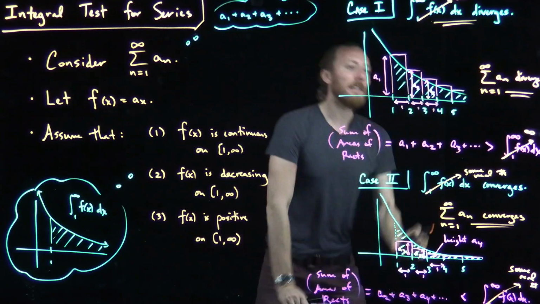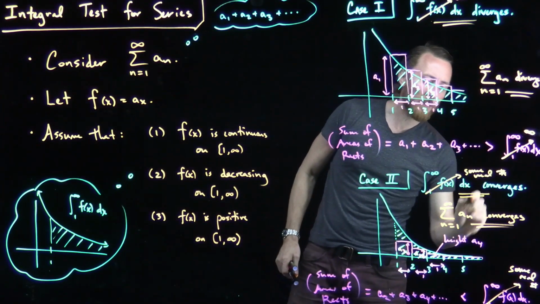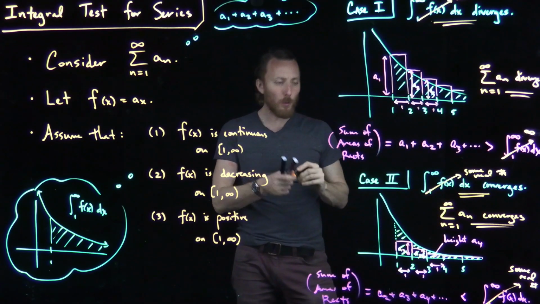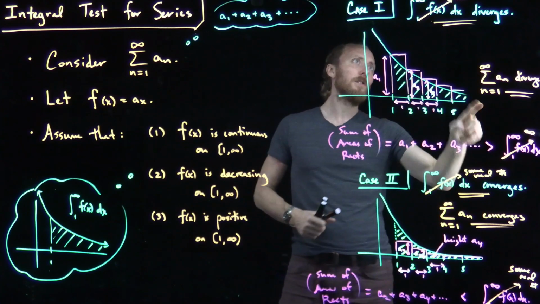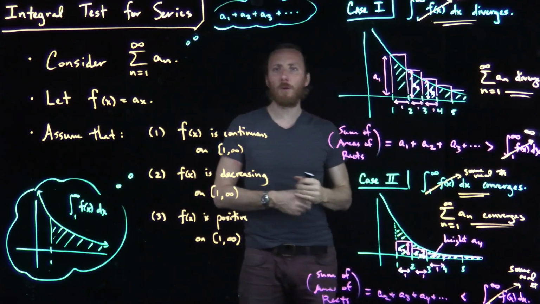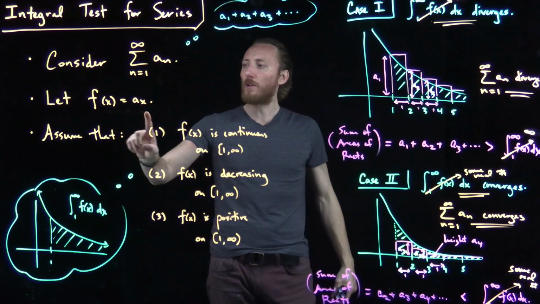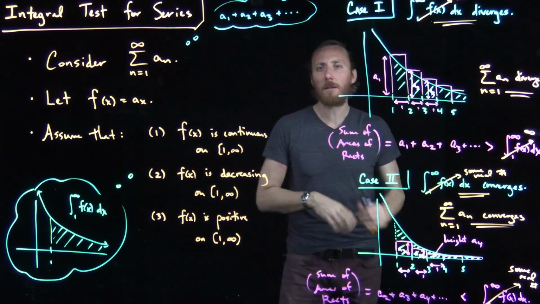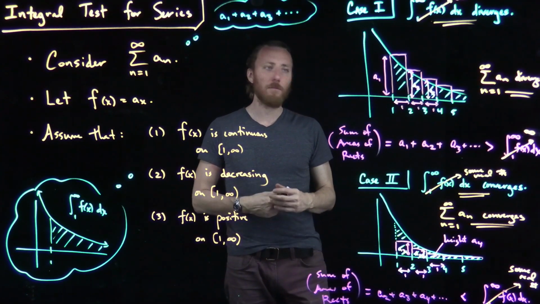And so looking at these two results, we get convergence of our series when the improper integral associated with our series converges. We get a divergent series when the improper integral associated with our function diverges. We had to assume that the function which resulted was continuous, decreasing, and positive, but assuming that, we get exactly the behavior that we would hope for.